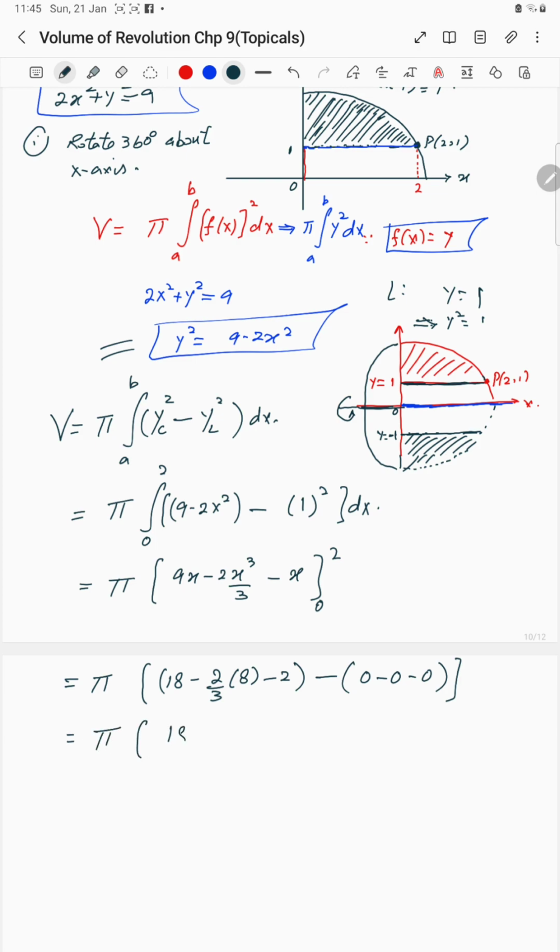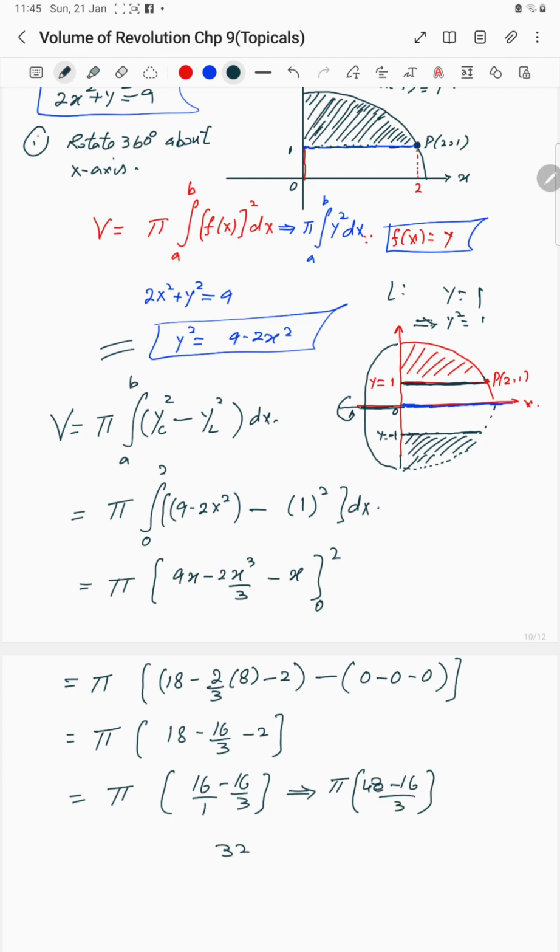So 18 minus 16 by 3 minus 2. Further solving, 18 minus 2 is 16, minus 16 by 3. Taking the LCM or using a calculator, 16 times 3 is 48, minus 16, over 3.